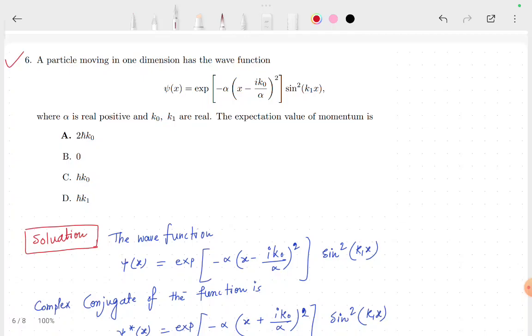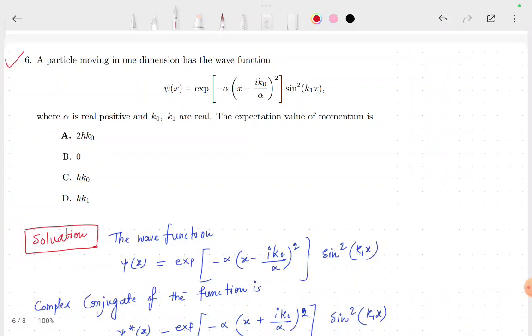My motto is to give you a larger number of question solutions. So that's why I first write all the solutions step by step, and then I explain each step precisely.